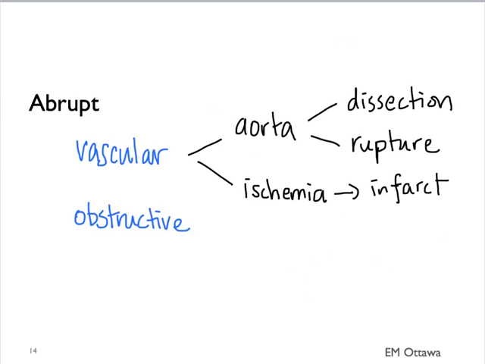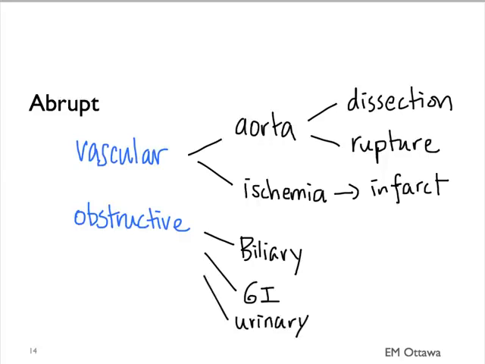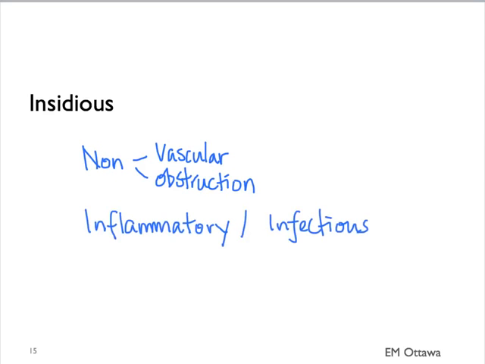Obstruction can be in the biliary tree, leading to biliary colic, in the GI tract, or in the urinary tract in the case of renal colic. Other non-vascular, non-obstructive causes of pain tend to give an insidious picture. A typical example would be inflammatory condition or an infectious condition, where the pain slowly builds through time.